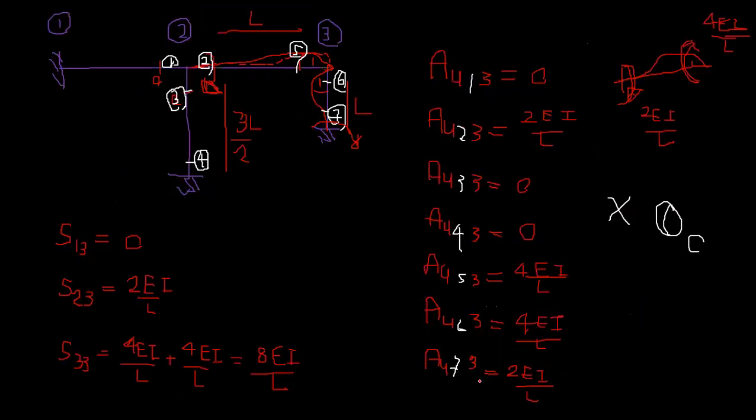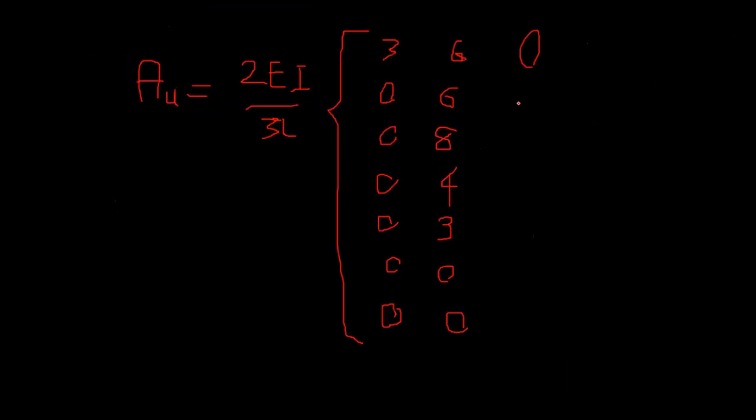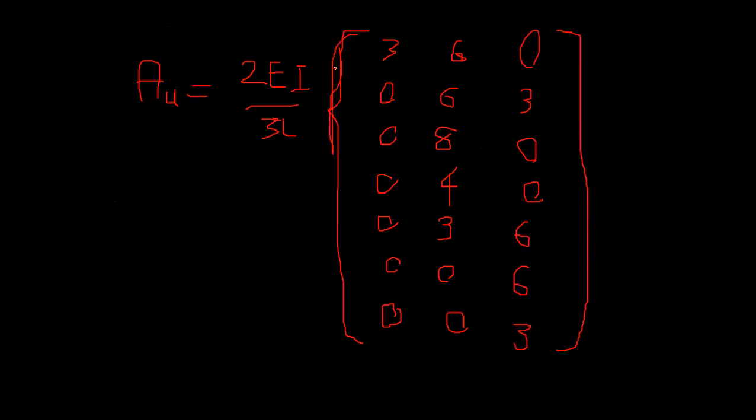So if you take the third column, if you take 2EI over 3L out, 0. Second one is 3, then 0, 0. Then 6, 6, 3. So this is a square matrix, okay.